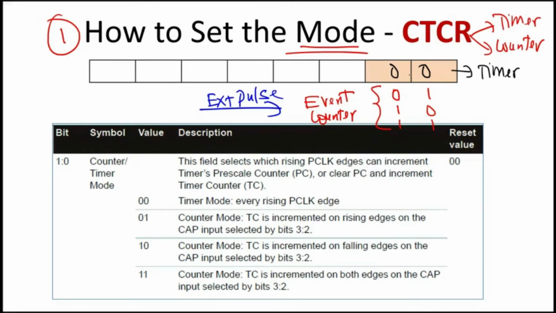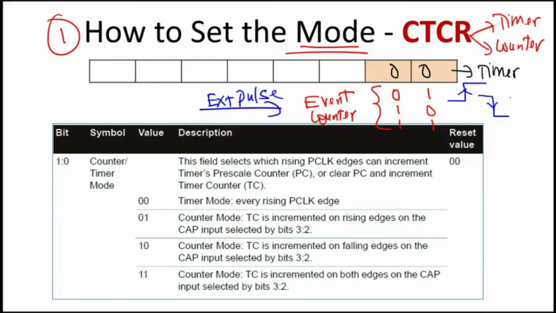No doubt in all the 3 cases, it will take external pulses. Where exactly the count happens is decided by these 3 values. 01 means the timer will increment its value whenever the external signal undergoes a transition from low to high. If you set it as 10, the timer will increment its value whenever the external signal undergoes a transition from 1 to 0.